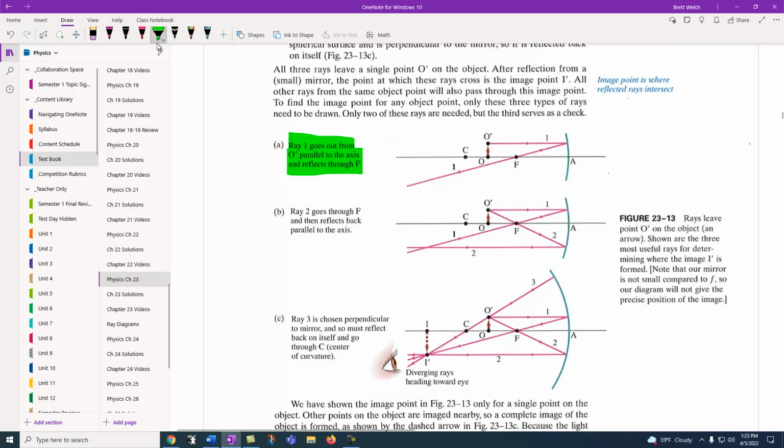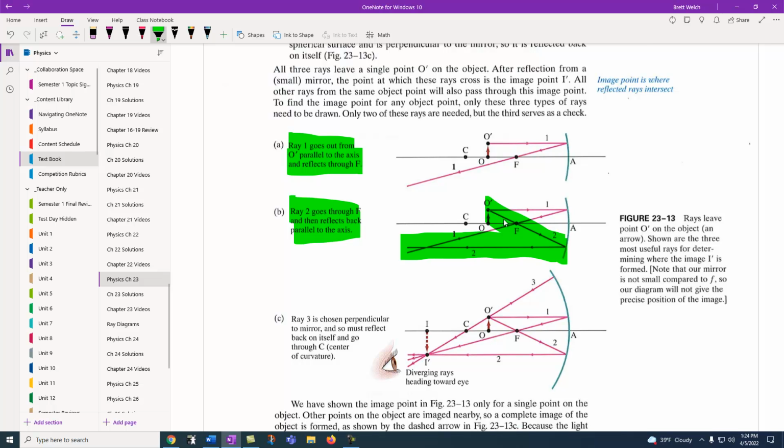So it's important that we're really clear about getting this drawn as perfectly as we can when we're asked to draw a ray diagram. Ray number 2 is going to start by going through the focal point. It's going to hit the mirror and bounce out parallel to the x-axis. So the first one is parallel, then bounces through the focus.